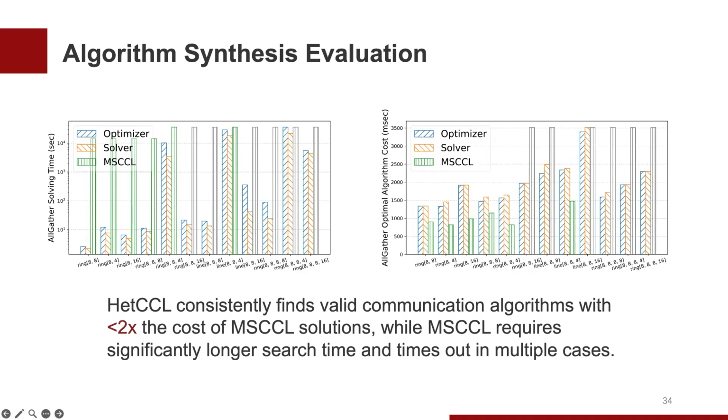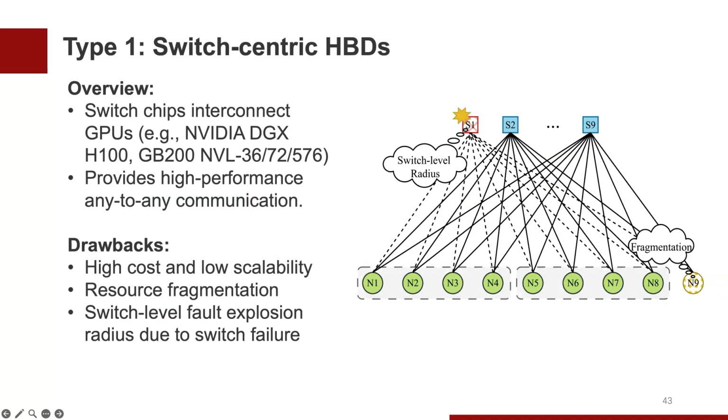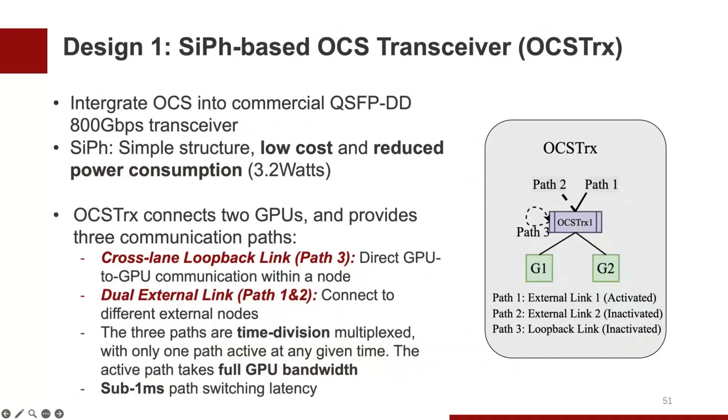And for the transceiver, let me show the result. To keep it simple, I didn't put the internal details of the transceiver. The original transceiver connects two nodes together, and it can only connect one node to one node.